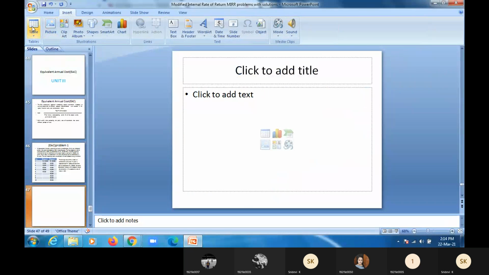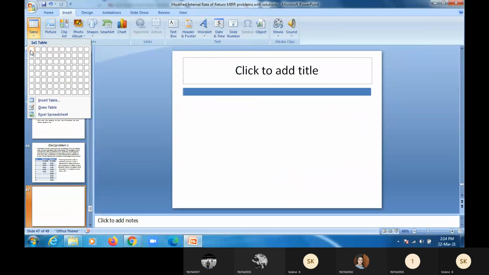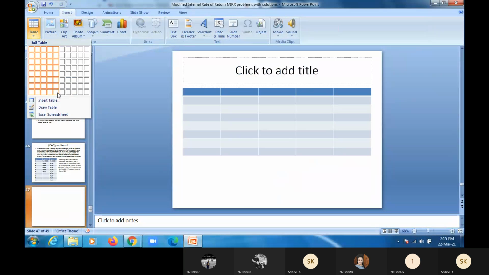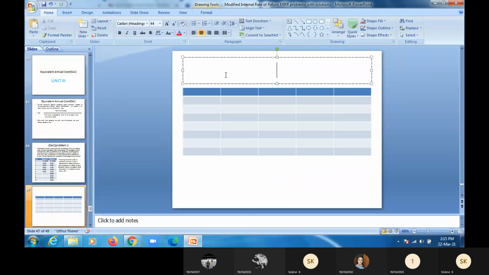First of all, take the format, a table format. Keep heading calculation of EAC. Full form you write, for proposal 1.